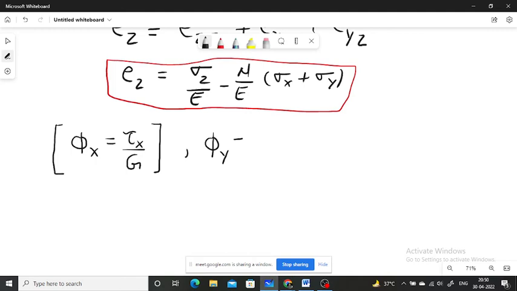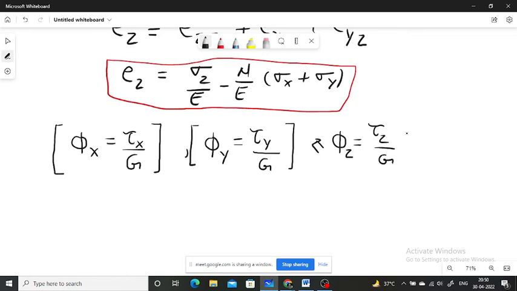And the shear stress in y direction is tau y. In that case, shear strain y will be equal to tau y upon modulus of rigidity, and similarly, if the shear stress along z axis is tau z, then in that case shear strain along the z axis is tau z upon G.